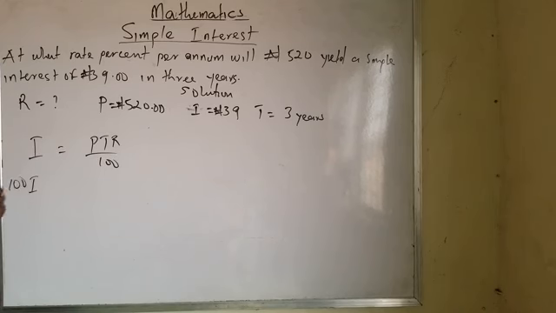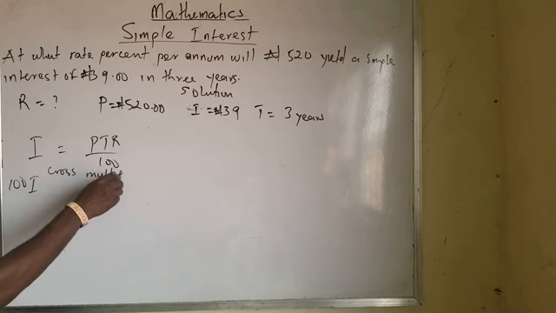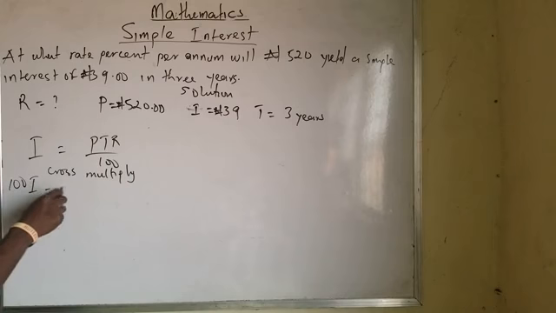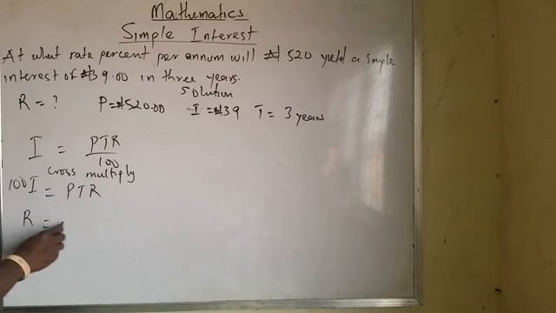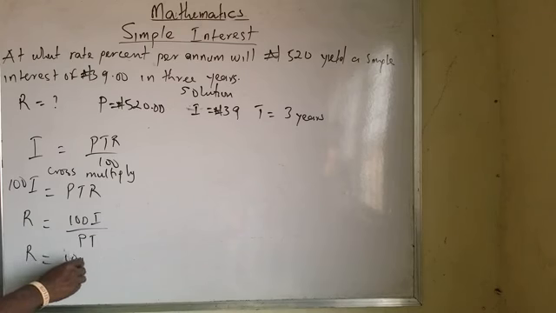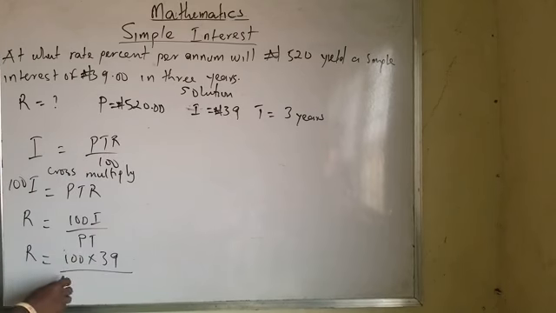I multiply both sides by 100, and it will be equal to principal times rate times time. We are looking for the rate, so R equals 100 times interest divided by principal times time. It means my rate will be 100 multiplied by 39, our interest, divided by principal 520 multiplied by 3 years.